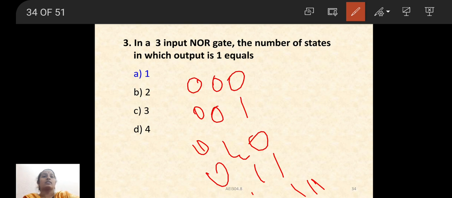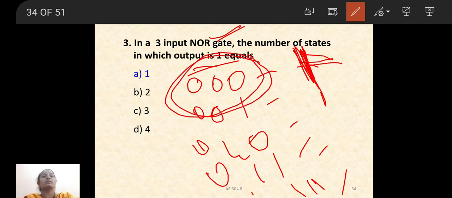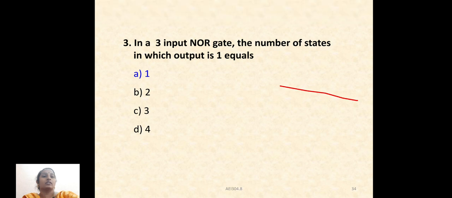In how many states is the output equal to 1? Only 1. Why? Because in a NOR gate the output is 1 only when all the inputs are 0. If any of the inputs is high, we get the output 0. So for the NOR gate, the output is high only when all the inputs are 0. So this is about our third question.